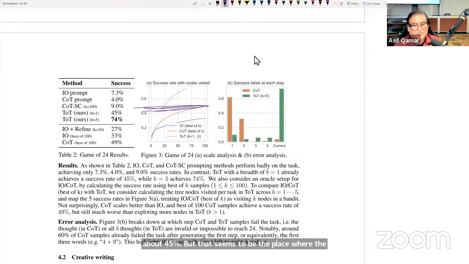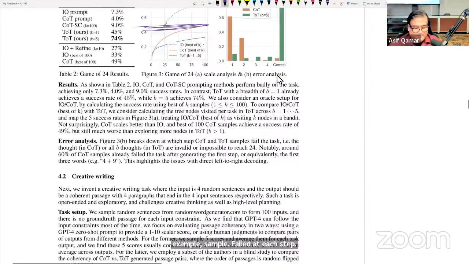You notice that the tree of thought has a way higher success rate. So I suppose the results speak for themselves. This thing works basically, right? And you can see, compared to the chain of thought, for example, samples failed at each step, those numbers are drastically different, right?